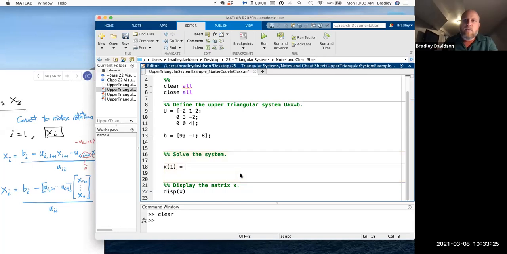For the index notation in MATLAB, we use parentheses. So we have xi, and then we're going to have a numerator and a denominator. In our denominator, it's always going to be uii. So when i is equal to 1, this would be the 1,1 element of u.